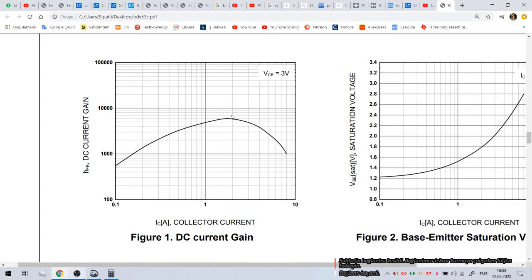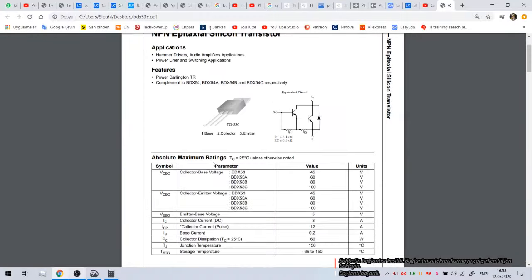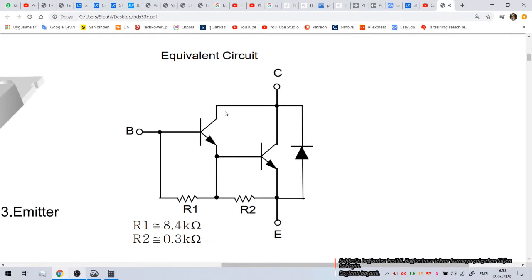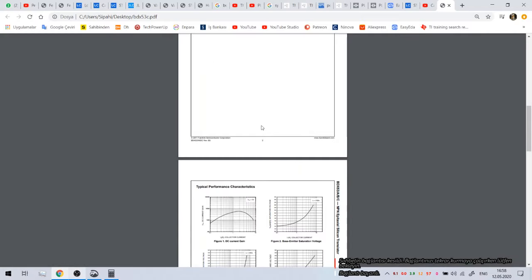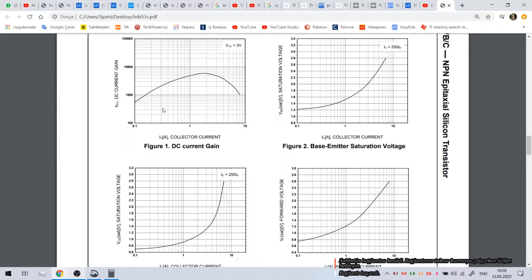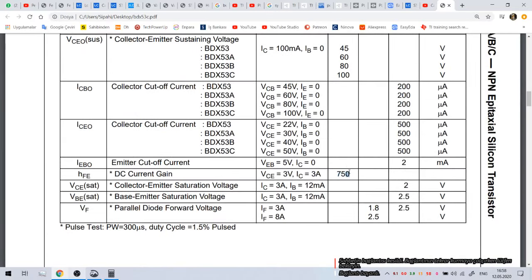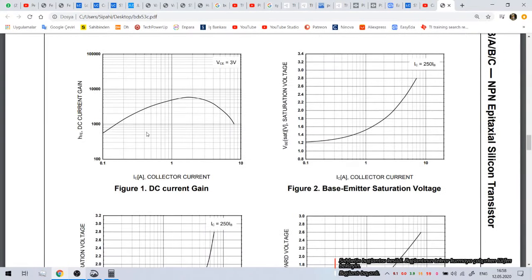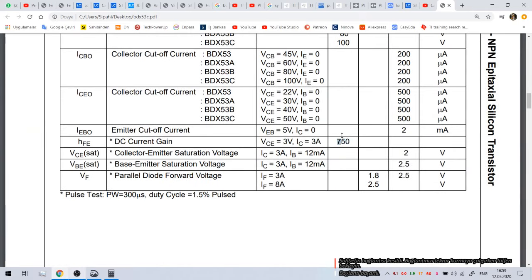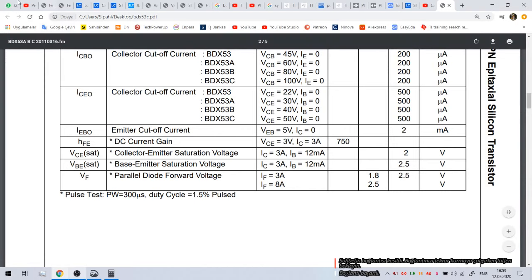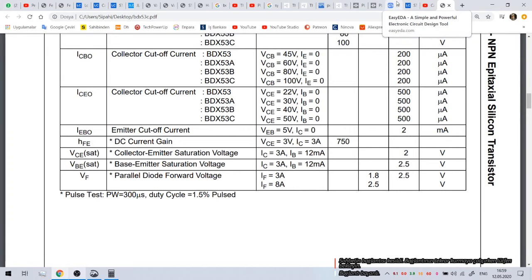You can see nearly in the 2 amp region 2, 3, 4, 5, 6,000 gain it can achieve, because it is a Darlington transistor, not a BJT. It contains 2 BJTs here. So we can take 750 or 1000. Not very important, but I will take 750 for more precise offset calculations.